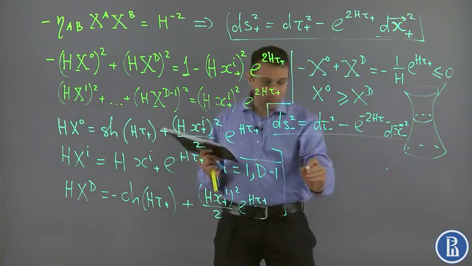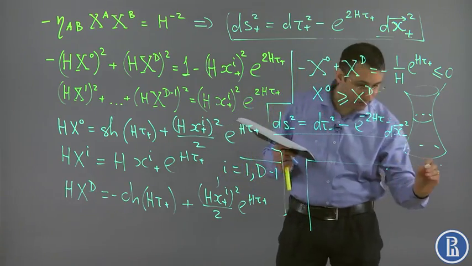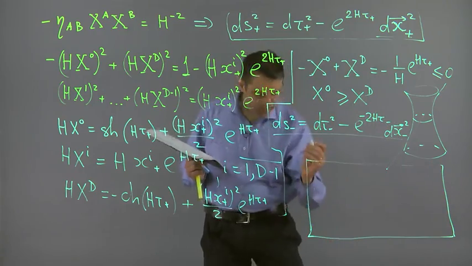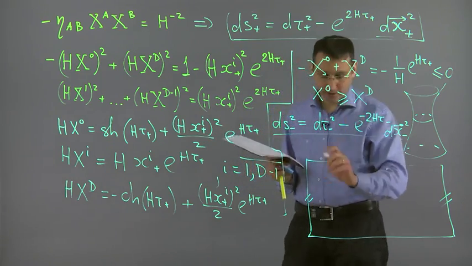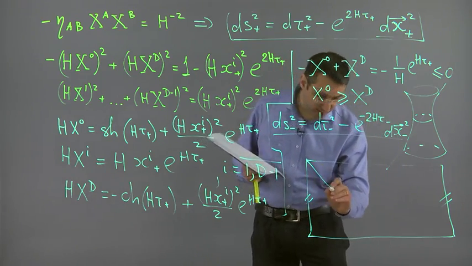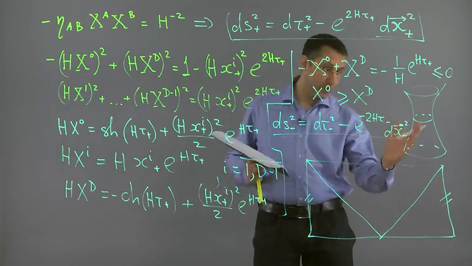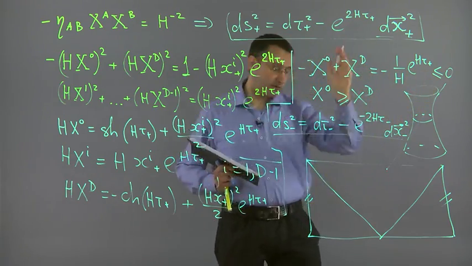So on the Penrose Carter diagram of this rectangle, there are different choices for Poincare patches, but what we did is that we have chosen these light-like lines, which are cut by this plane, which divides de Sitter space into two halves.